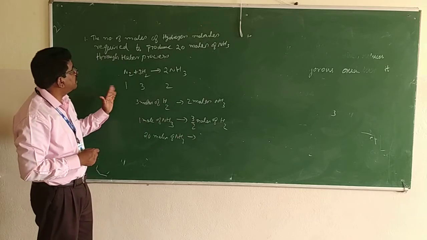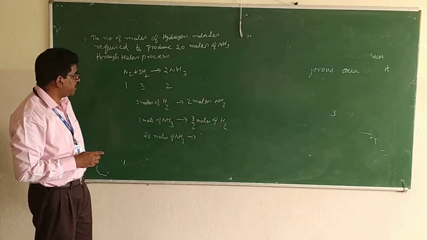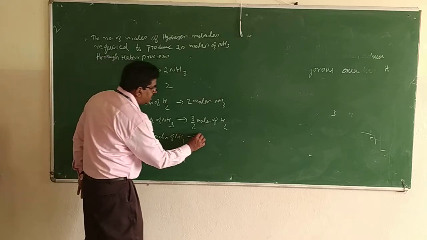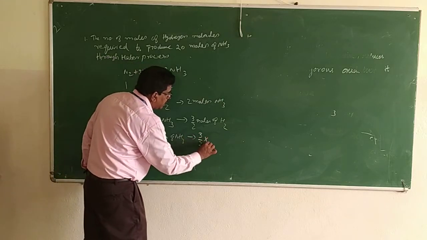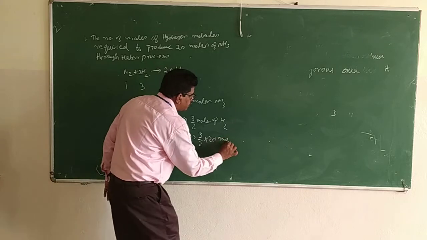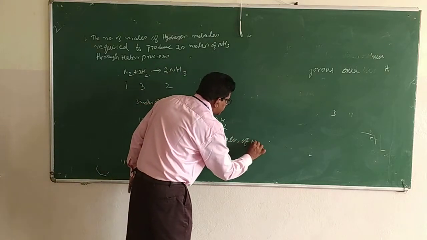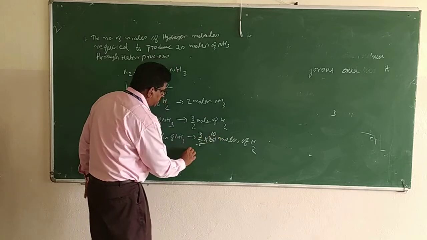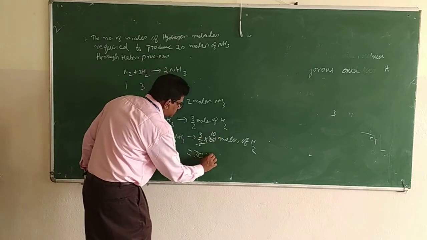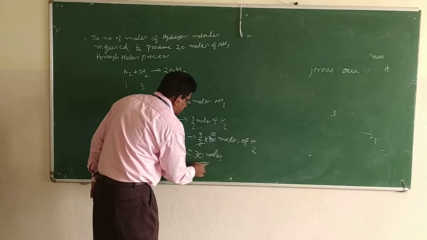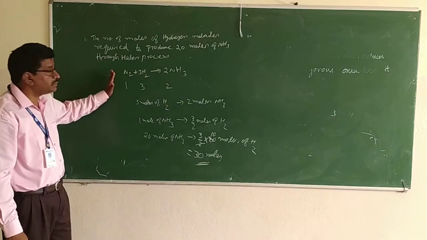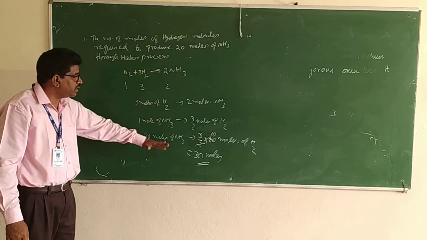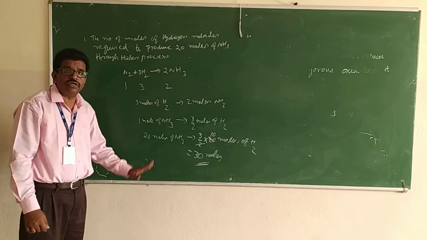In the question, they asked 20 moles of ammonia. So 20 moles of ammonia need 3/2 into 20 moles of hydrogen. 10 into 3, 30 moles. That's the answer. The first part only is chemistry, the remaining is simple logic only.